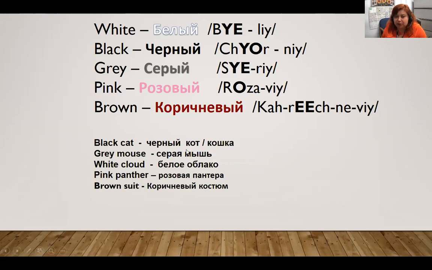Here is one of the exceptions. The word мышь ends in sh and a soft sign, мягкий знак. It doesn't make any sound, but makes the previous consonant soft. You would think that if it ends in a consonant, it should be masculine, but in this case, мышь is grammatically feminine.